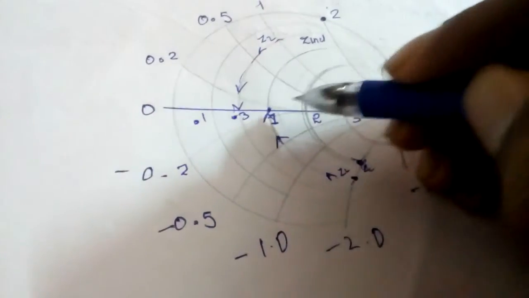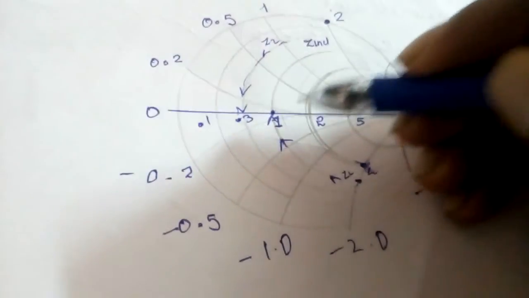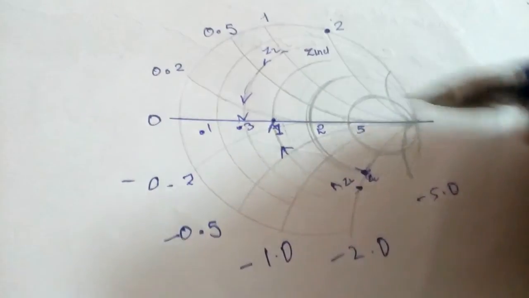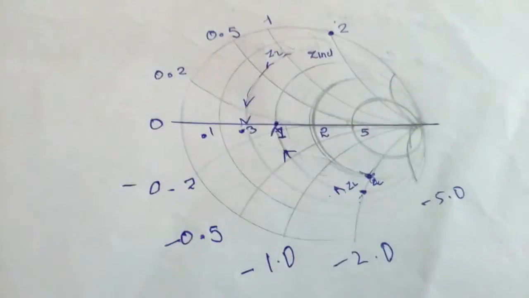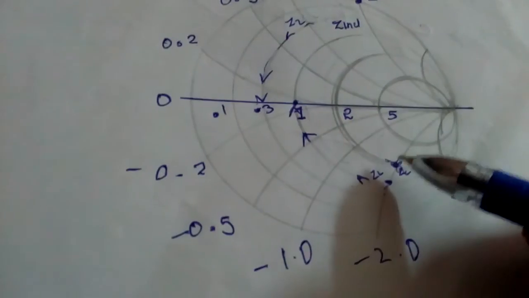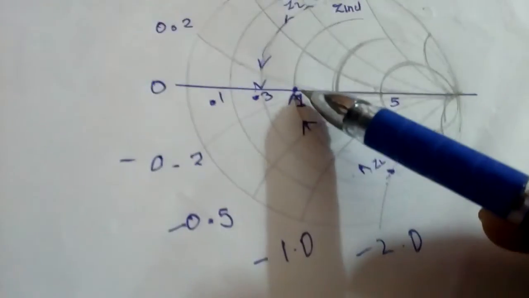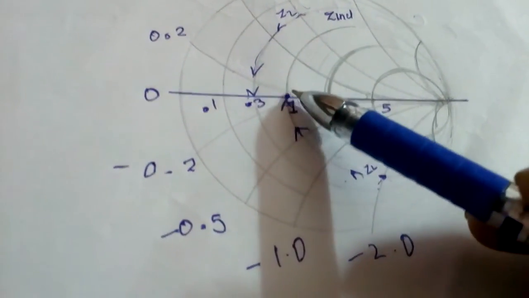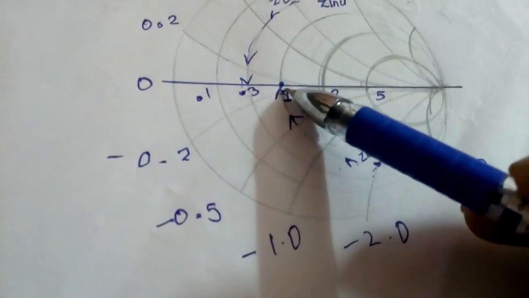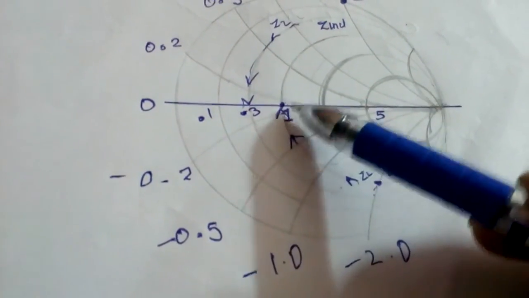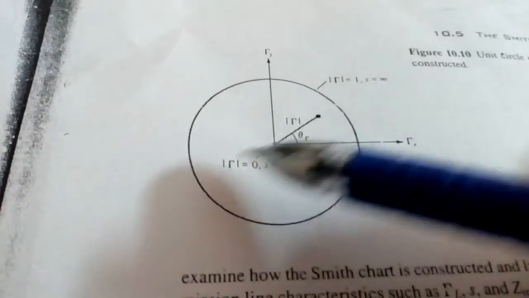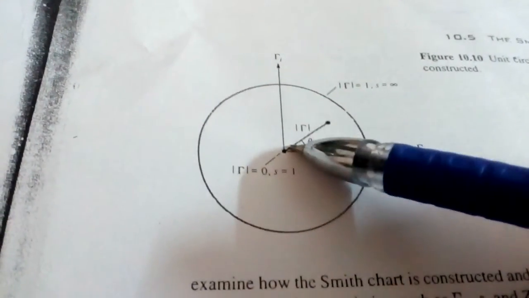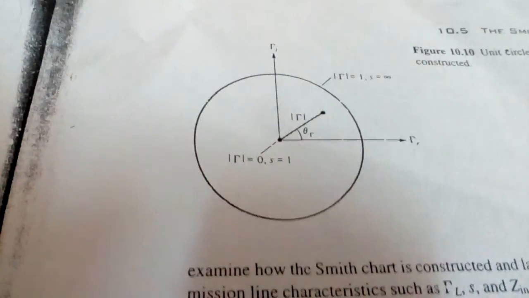So this is what impedance matching in terms of the Smith chart is. We want to move the impedance to the center of the Smith chart, where the reflection coefficient is 0. See, at the center the reflection coefficient is 0, like I said earlier.